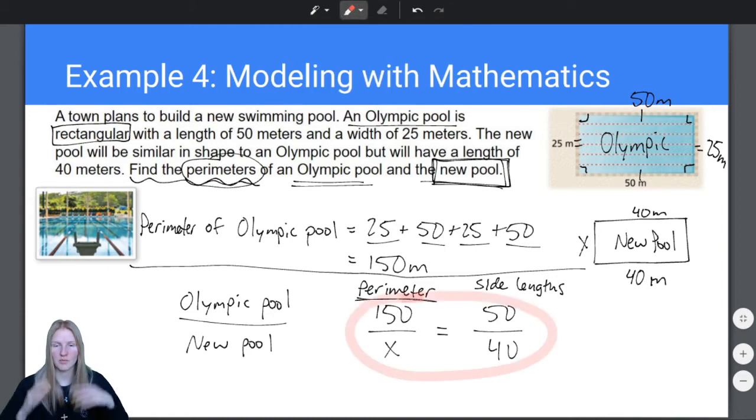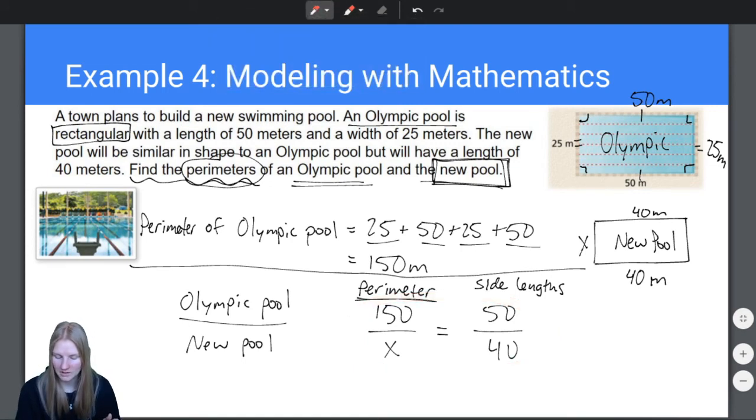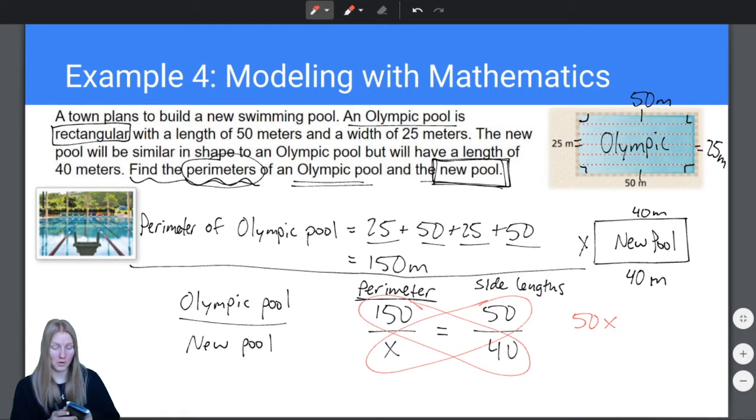We have a proportion. So I can do my butterflies, my cross multiplication. I get 50x is equal to 40 times 150, which is 6,000.